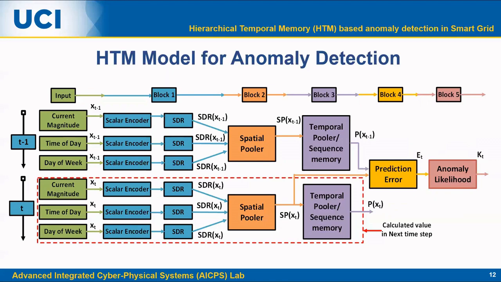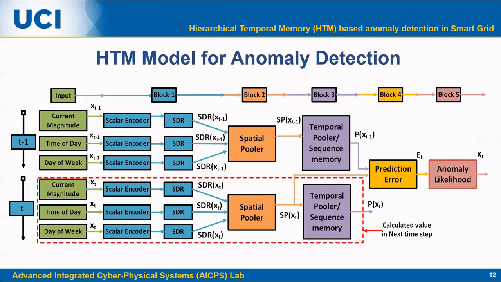The temporal pooler learns temporal sequences from this SDR, which is given as an input from the spatial pooler, and predicts the future data. In other words, at t-1, the temporal pooler predicts the data for time t.